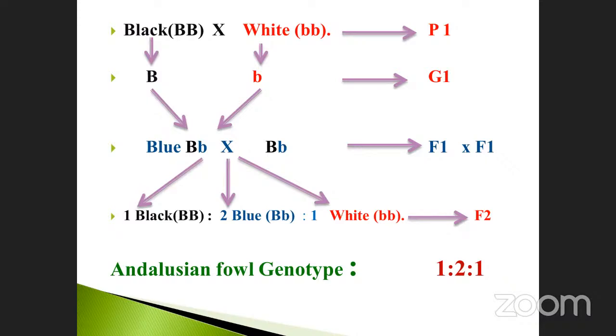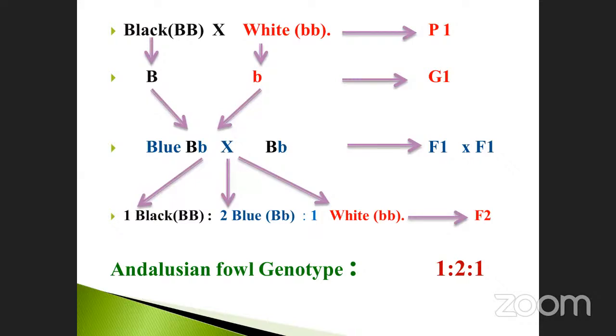This is the parental phase, the gamete phase, and the F1 phase, which is considered the filial generation. You will obtain the combination of black and white, so you get blue color, Bb.